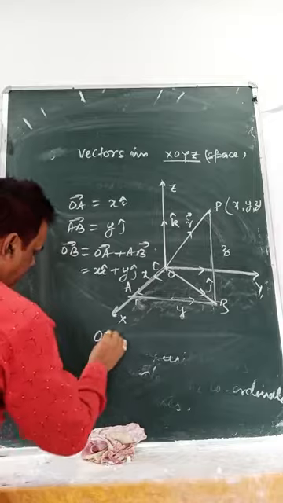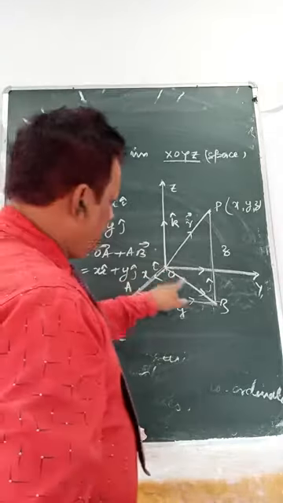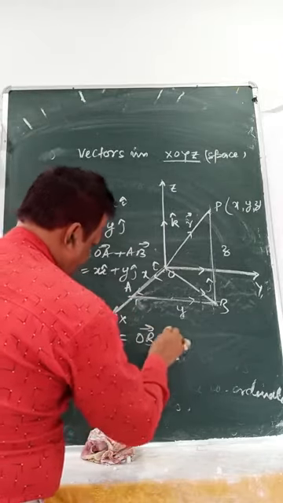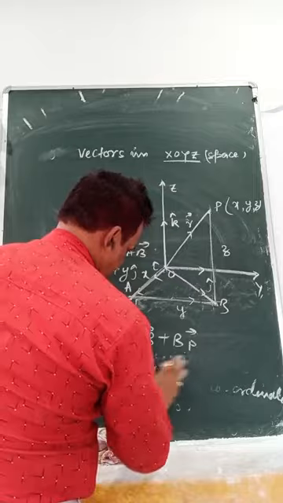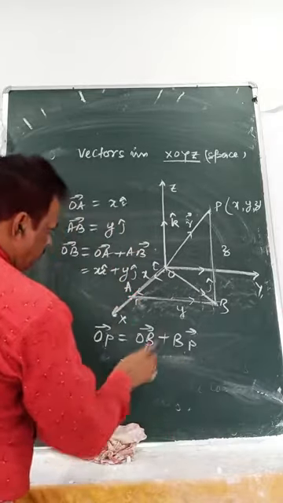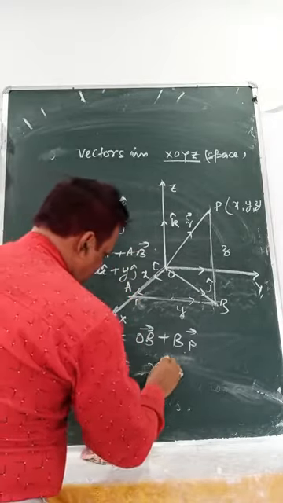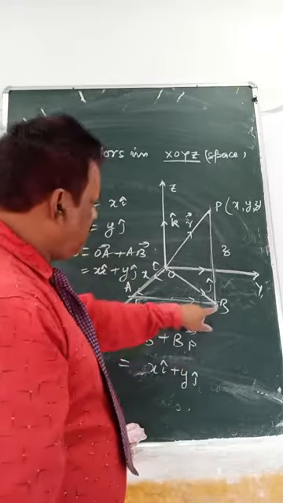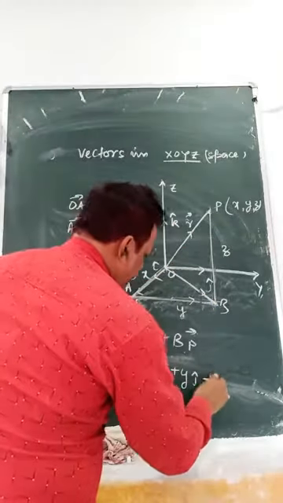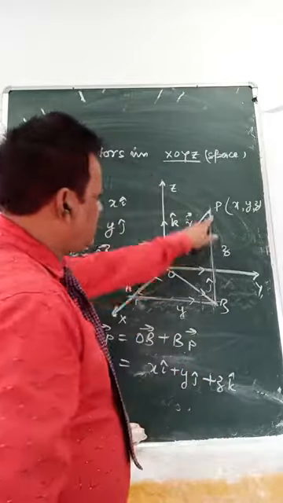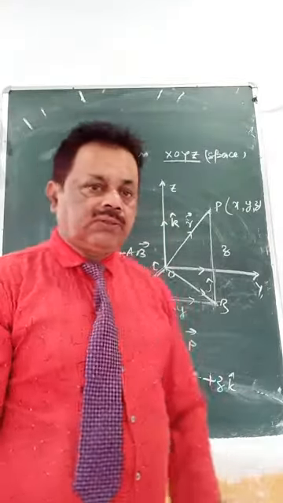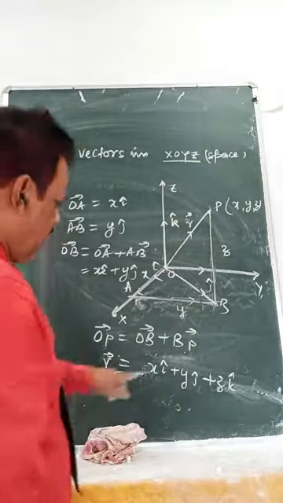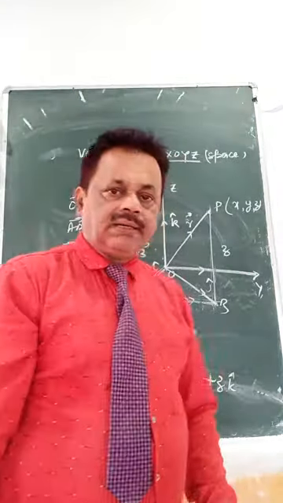So OP will be OB vector plus BP vector. What is OB now? xi plus yj. Then BP is zk. Why zk? In this direction the k unit vector is introduced. I hope you understood this. So r vector equals xi plus yj plus zk.